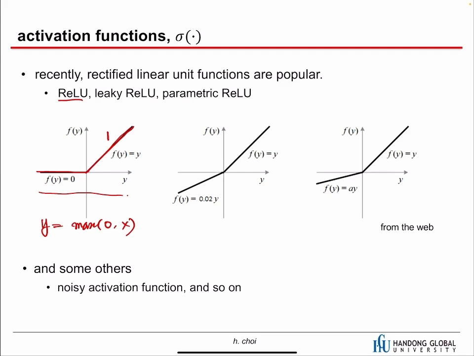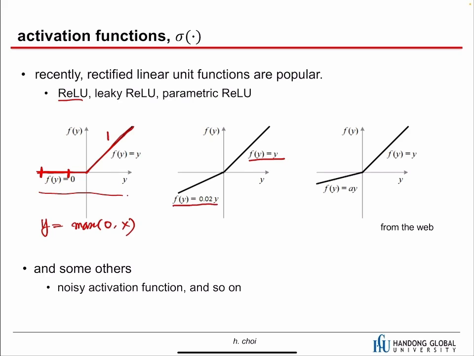And this one is a leaky ReLU. Leaky ReLU is a little modification of ReLU because in ReLU, if the input is negative, then the output is 0. Then there is no difference between this one and this one at all. So the leaky ReLU says, why don't we have a little difference here? So instead of zero for the negative area, why don't we have a slight value here?